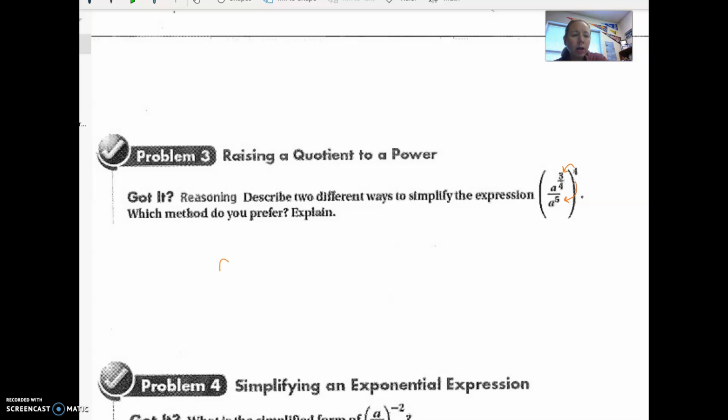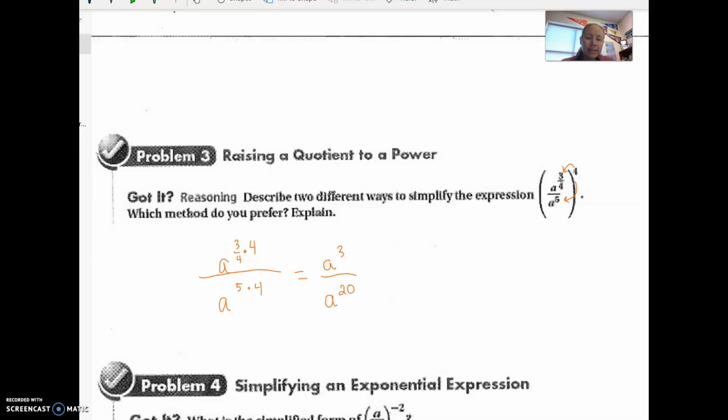So I'm going to just write it out here just to break it down. A to the 5th times 4. So we would end up with a to the 3rd over a to the 20th.